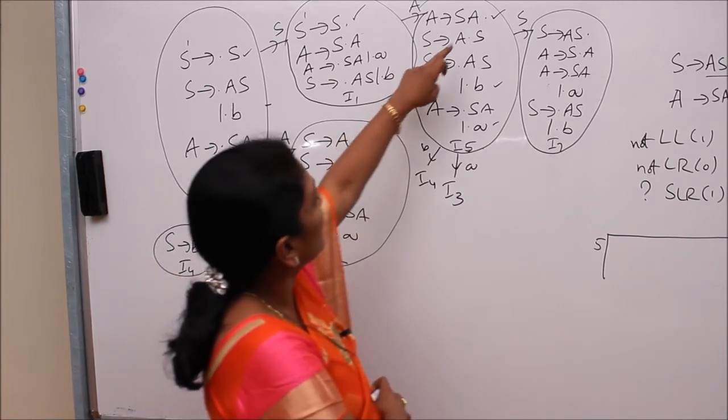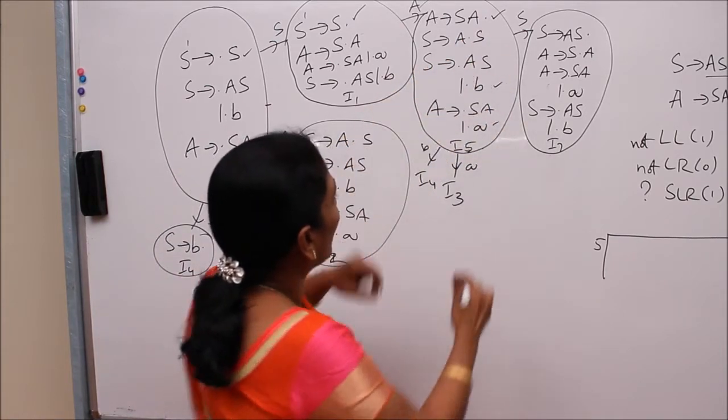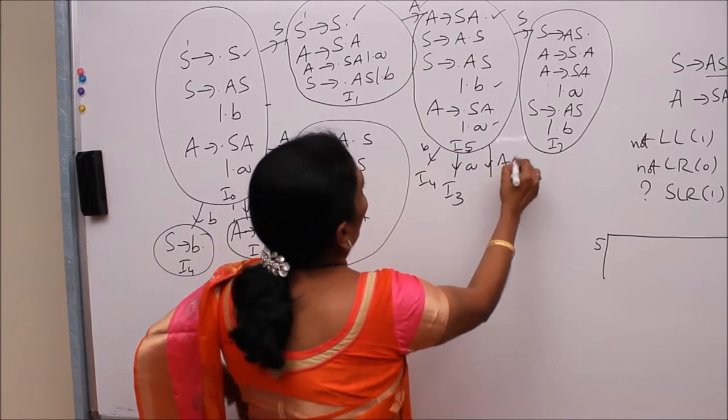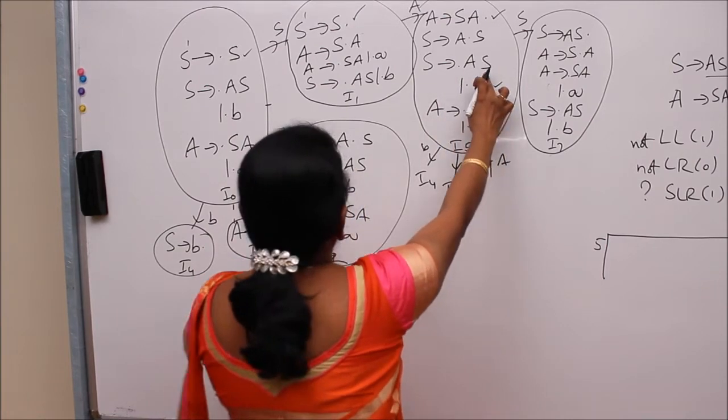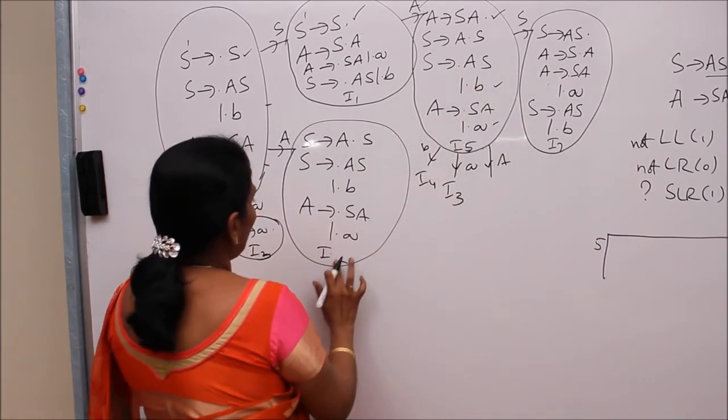So possible transitions on S. Now on A is also there. On A it is S to A dot S, which is nothing but I2.